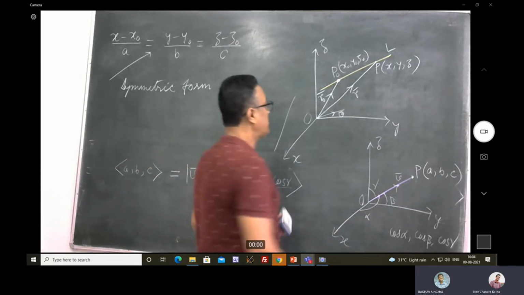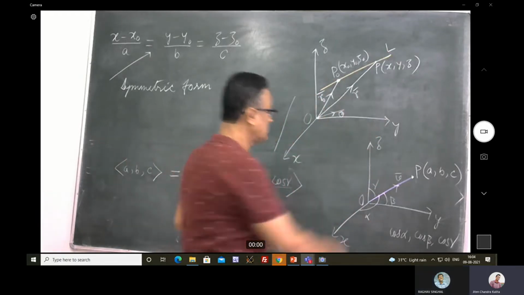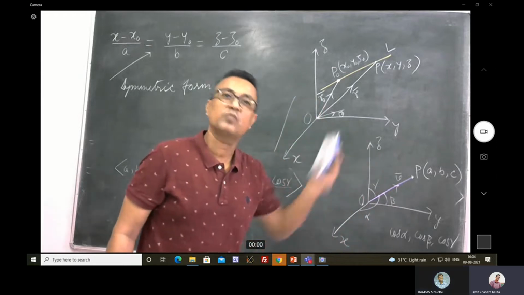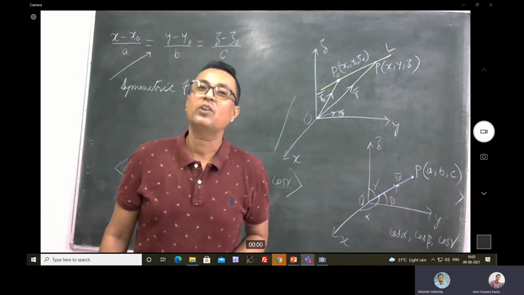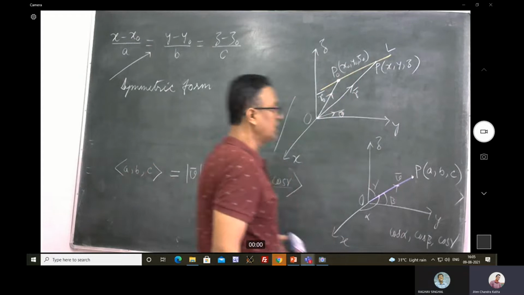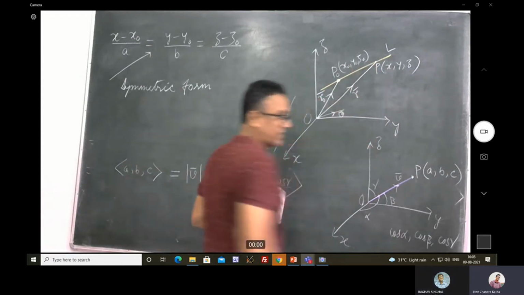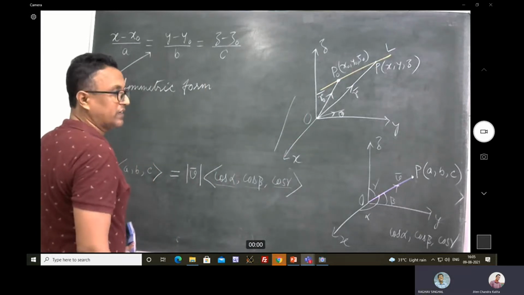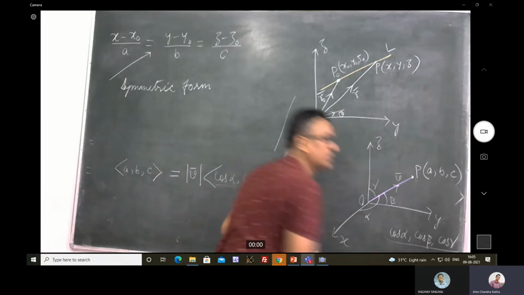That means this straight line is also going to make angles alpha, beta, and gamma with the axes if the vector v makes those angles. Is it okay? Fine. So if I try to find out the direction cosines of this straight line, it is going to be the same as this.